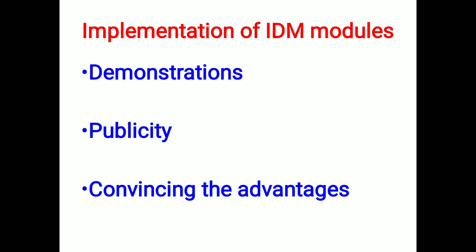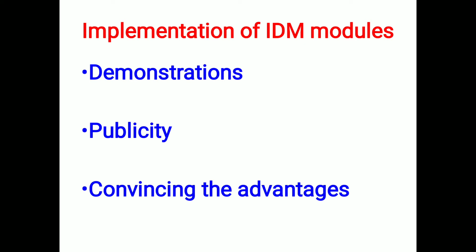Next one, for implementation, publicity is very important, because most of the farmers are not aware about the use of IPM modules due to certain obstacles. Those obstacles we can discuss later. So we can do the publicity of IPM modules through different media, through leaflets, folders, newspapers, audio and video ads.